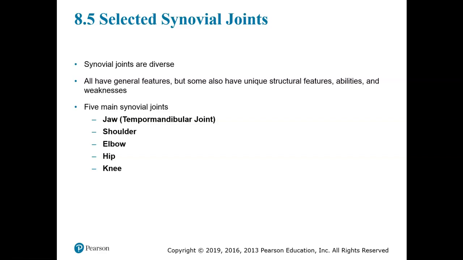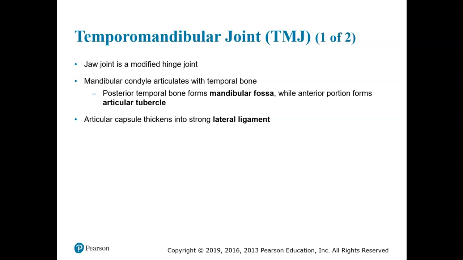So I am going to give you some information about the shoulder joint, the hip joint, and then the knee joint, where I will just focus on those as far as what you need to learn. There is some information in the slides about the TMJ, temporomandibular joint, and that is the jaw.